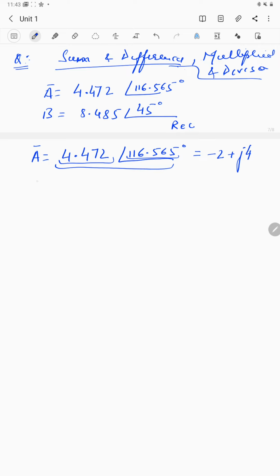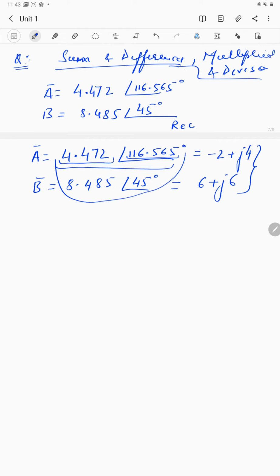It will come like this for A, and the second phasor B is 8.485, angle 45 degrees. We will have 6 plus j6. So this is the rectangular form and these are the polar form.